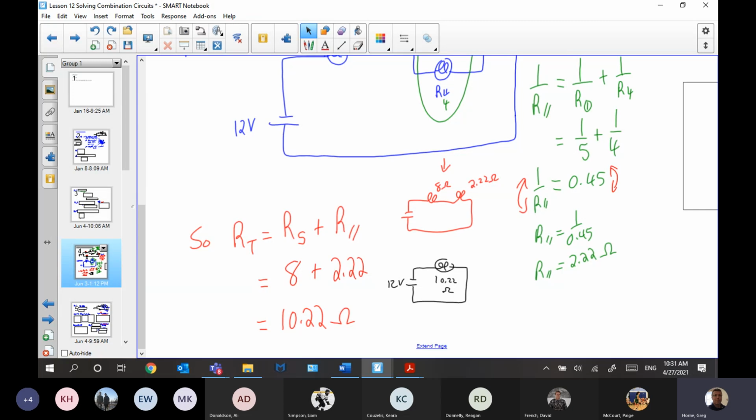So this is where we say, oh, V equals IR, right? I've got total voltage and total resistance, so I can get total current. That'll be on a page soon, but I'll just go back and reveal that next step.